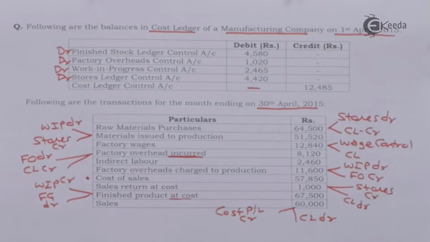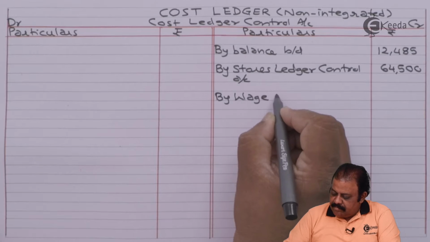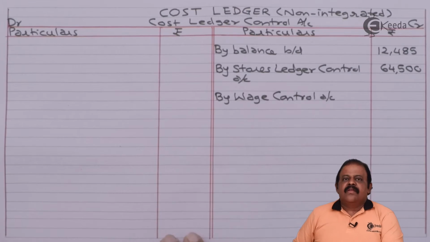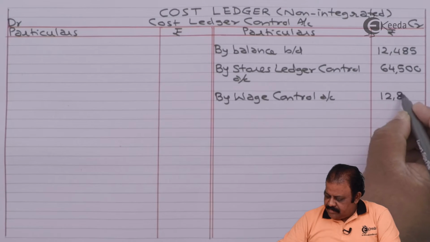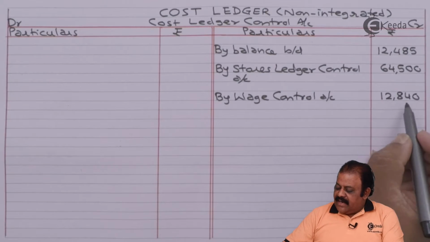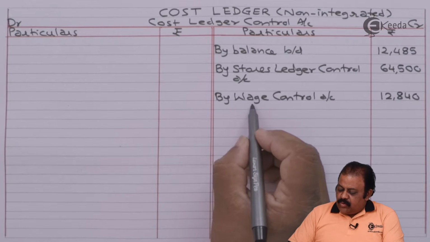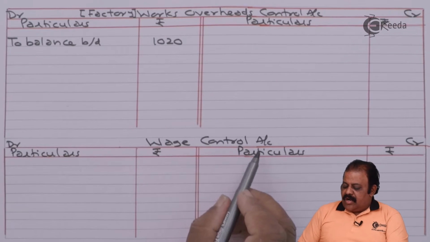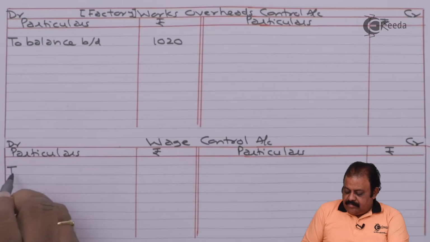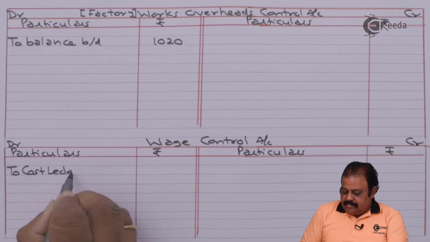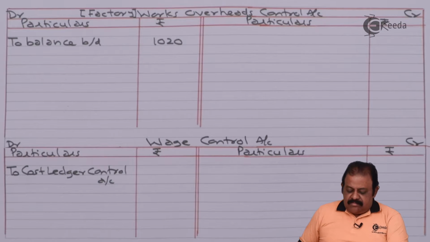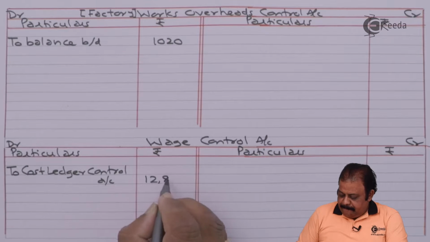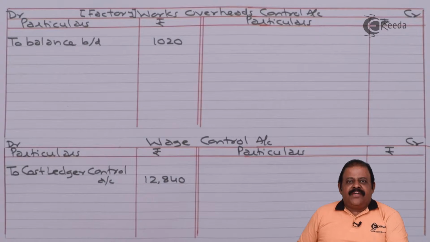Factory wages 12,840. This will be credited to cost ledger control account, by wage control account 12,840. This will be debited to wage control account. Wage control account debit side, to cost ledger control account 12,840.